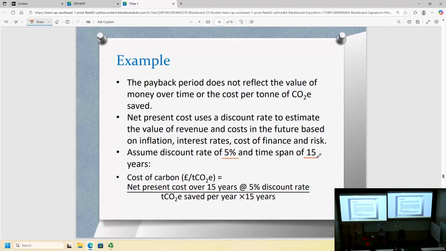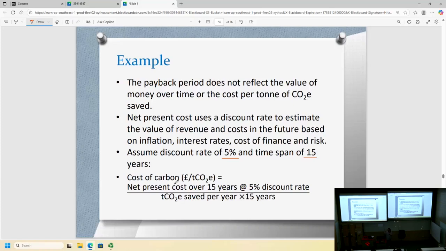So the cost of carbon, money per ton of carbon dioxide reduction, will be calculated by this equation, which is the net present cost over 15 years with a certain discount rate. So this net present value will be the capital investment on day one, minus the net present cost of the money saved every year due to the energy consumption reduction.